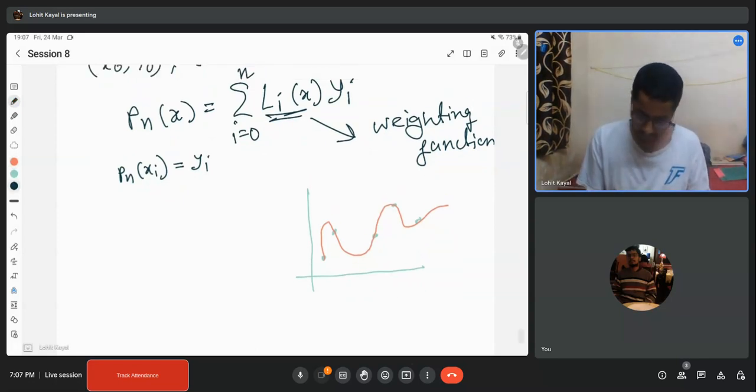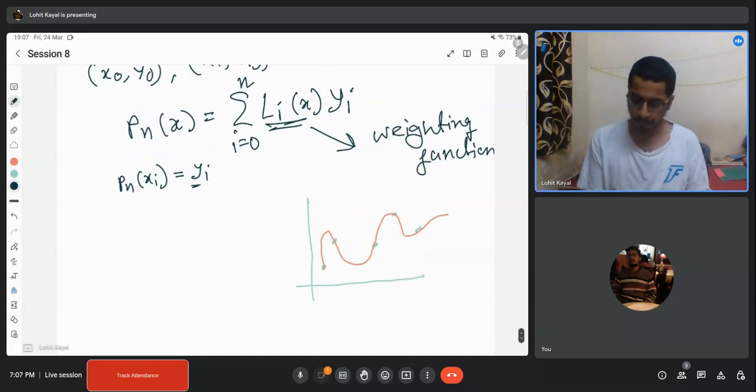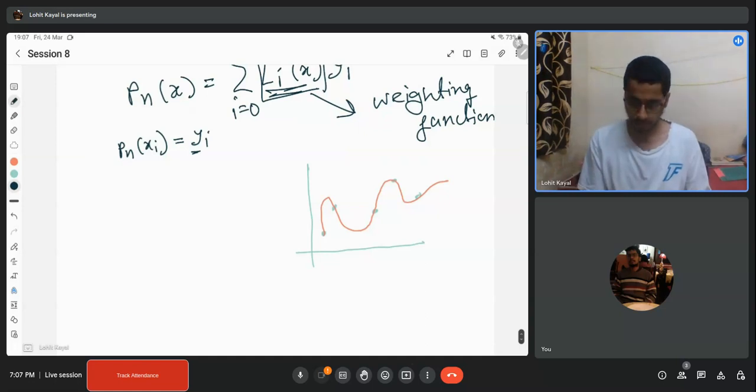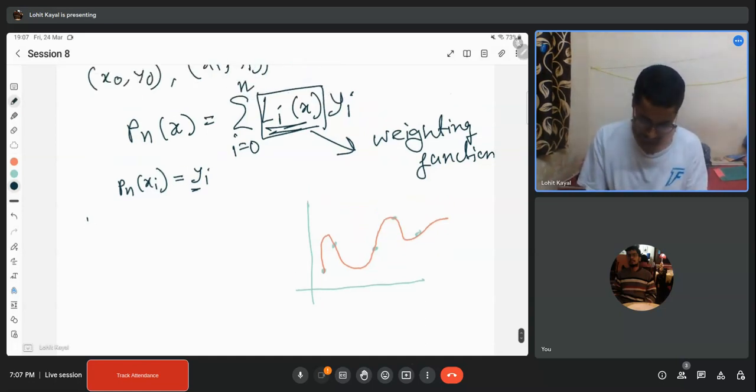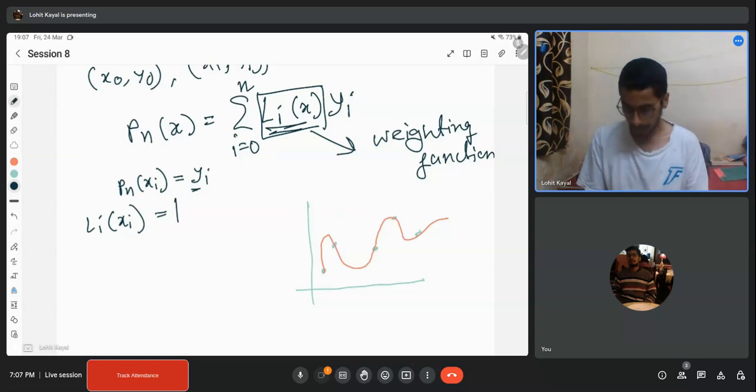Now we have to make some choices about the Li of x. What can be that choice? Li of xi should be equal to 1.